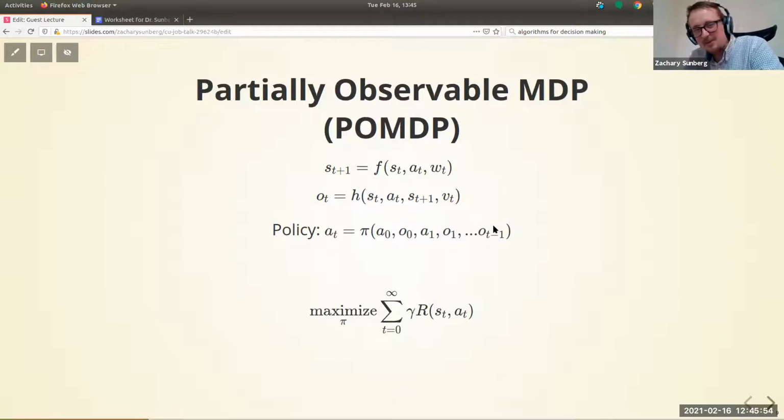And so now the policy doesn't depend only on the current state, but optimal policies might have to take into account all of the actions and observations back to time 0, which is sometimes referred to as a history, because some of these observations could encode useful information.